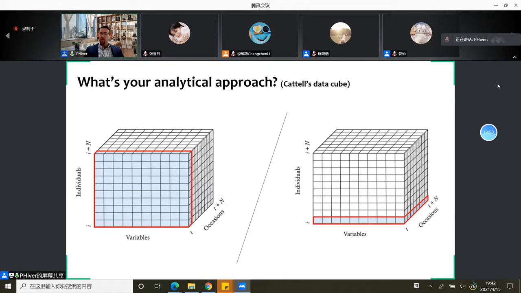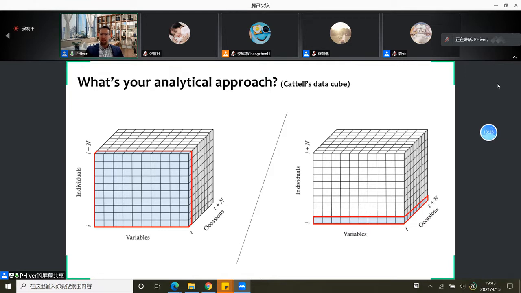Now, recall my early insistence on first having a problem. What's your problem? You can see that the first type of study, on the left, can address certain types of problems. It can provide answers to certain kinds of questions, but not others. For example, this kind of study can highlight general tendencies and patterns of inter-individual variation.